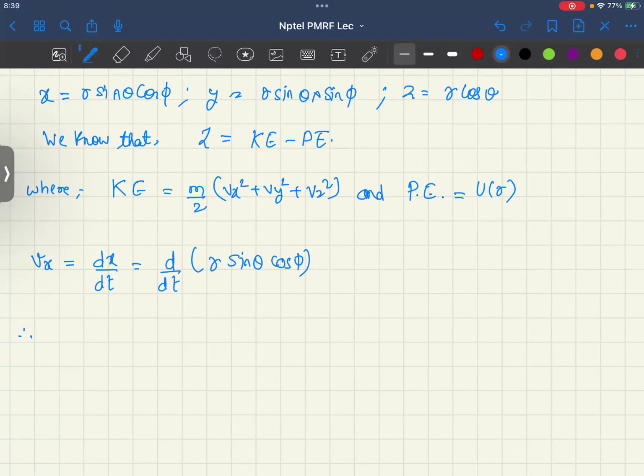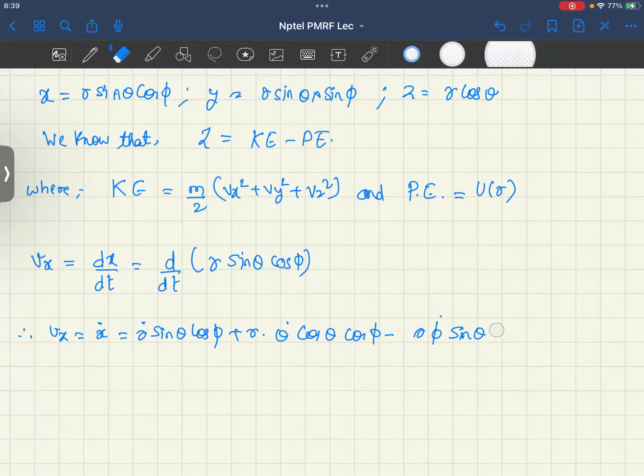Therefore Vx is equal to x dot, which is equal to r dot sin theta cos phi plus r theta dot cos theta cos phi minus r phi dot sin theta sin phi. Right?